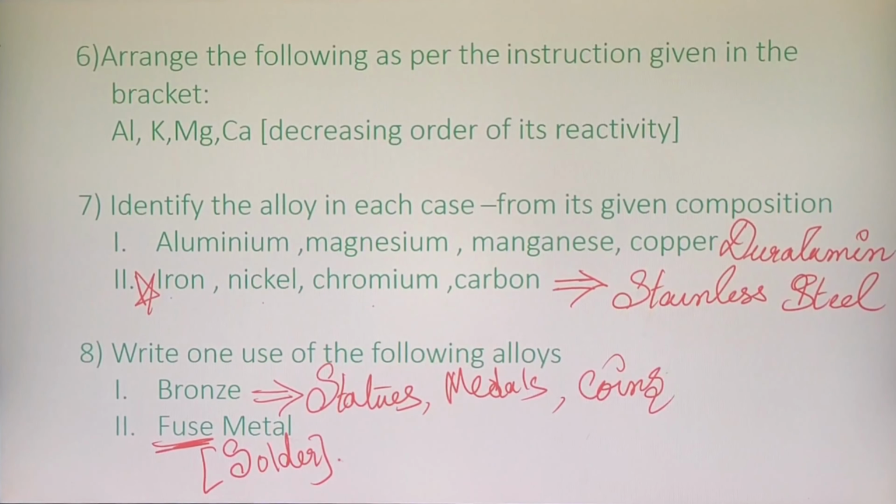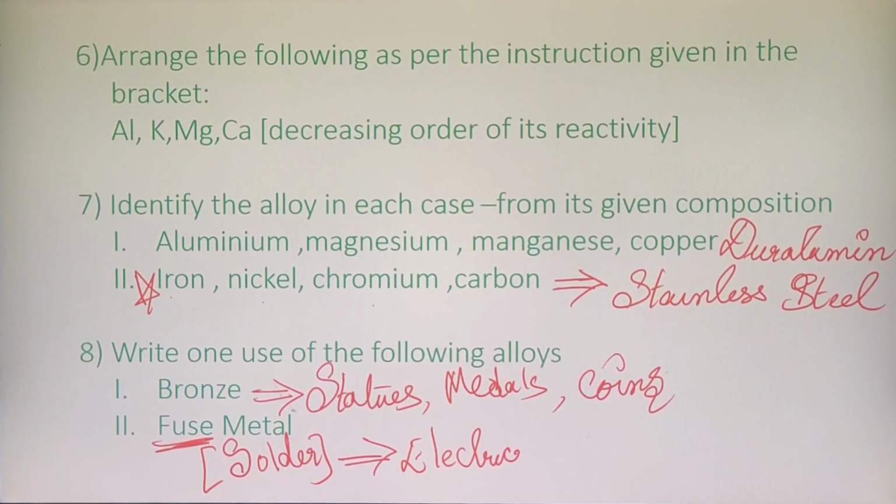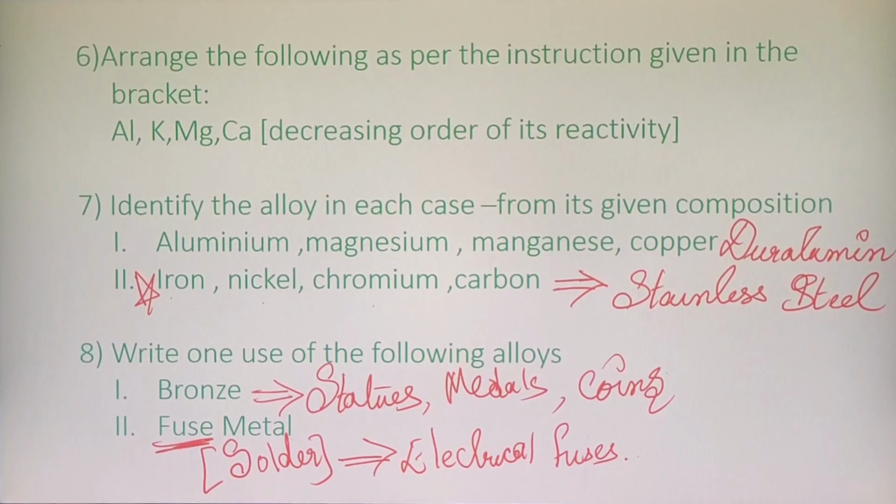What is the use of it? It is used in making electrical fuses. Am I clear? So fuse metal or solder is used for making electrical fuses. So bronze, please remember, is used for making statues, medals and coins. Fuse metal is used for making electrical fuses.